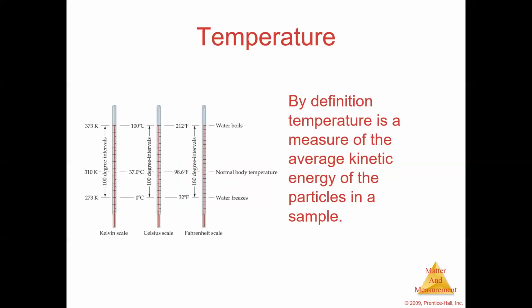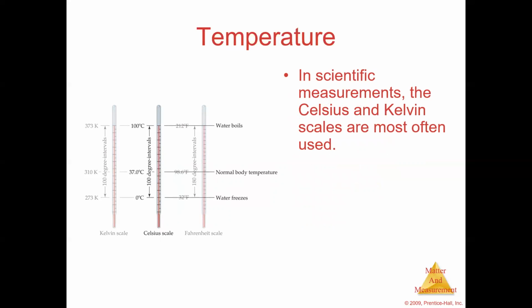If they're moving a little bit slower, we're going to have a lower kinetic energy or a lower temperature. So when I stick that thermometer in room temperature water, the water particles are pinging it enough to raise the temperature, but not as much as if I put it in boiling water. Those water particles are going to be hitting that thermometer really, really hard. It's going to bump the temperature up.